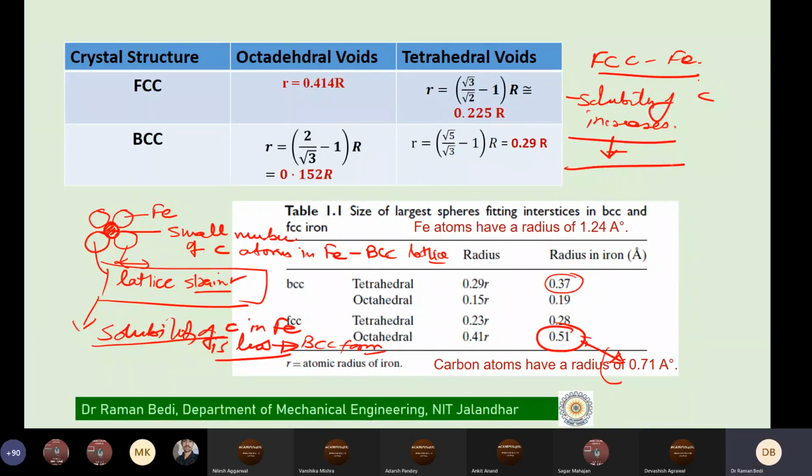We will see later in our studies that the solubility of carbon in BCC iron is 0.022%, whereas the solubility of carbon in FCC iron is nearly 2.1%. So this is one of the reasons for this solubility difference in our simple alloy, which we refer to as steel.